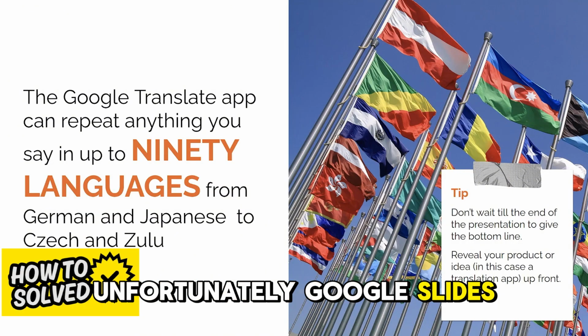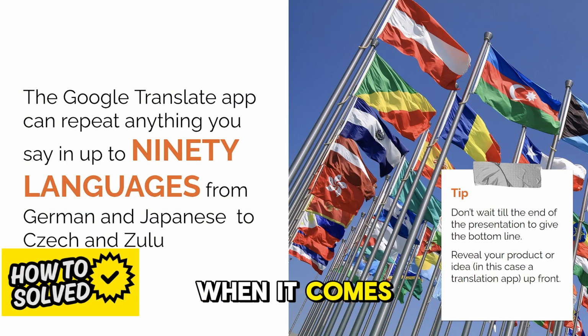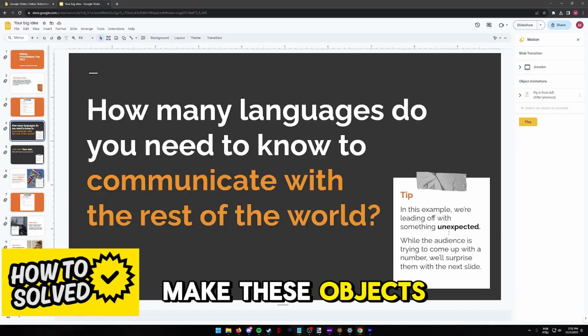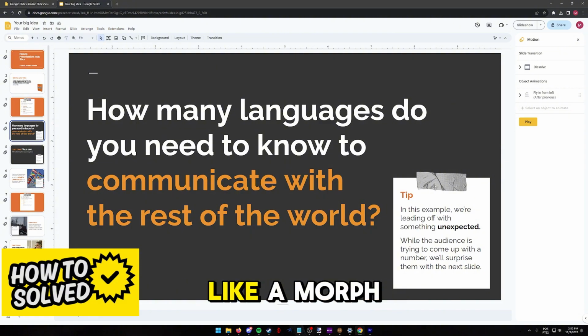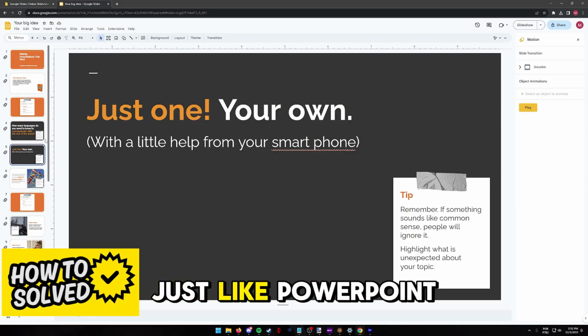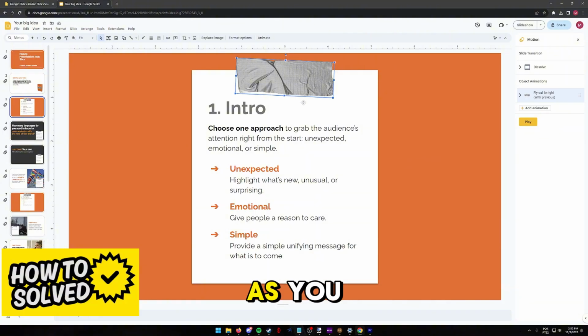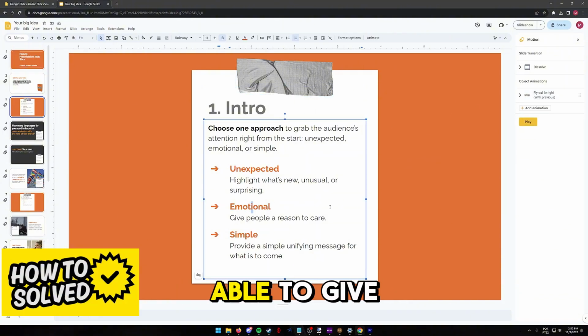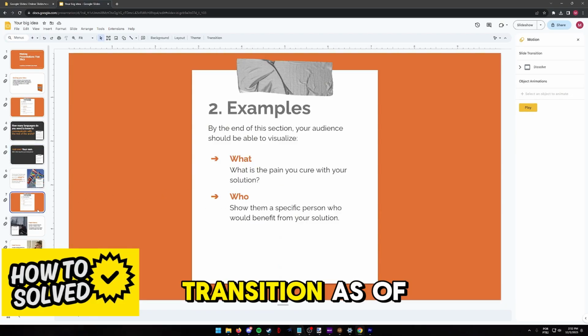Unfortunately, Google Slides is very bare bones when it comes to managing morph transitions, but with enough creativity, you can copy a slide and make these objects transition in looking like a morph transition. Like I said previously, they don't have the exact morph transition option, just like PowerPoint, but as long as you get creative with how you include the transitions, you will be able to give them the feel of a morph transition.